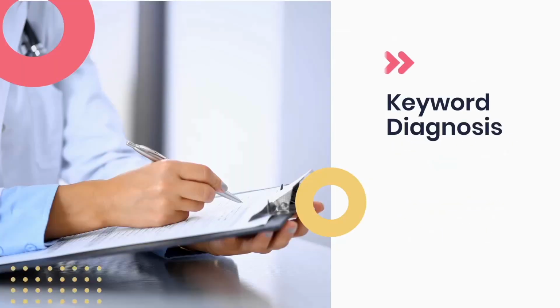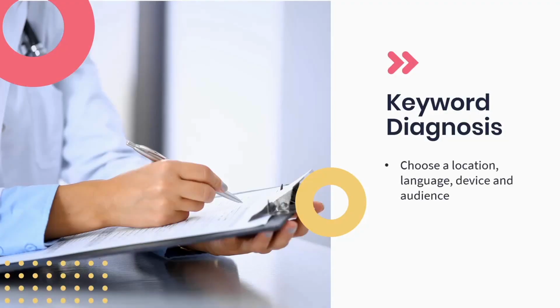So if we move on to keyword diagnosis, this is a tool within Google Ads where you can choose your targeted location, your language, your device, and your audience. Although you don't have to choose all of them, you can just, for example, choose the location that you're targeting. And then it will tell you whether your ad is currently showing or not.